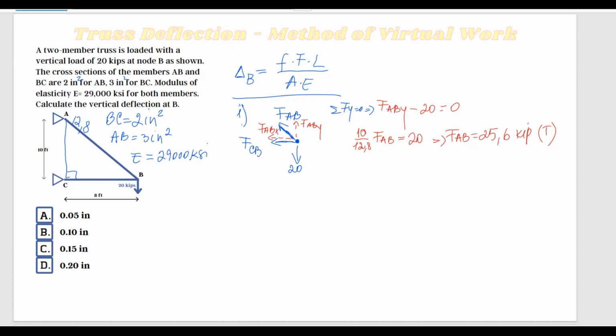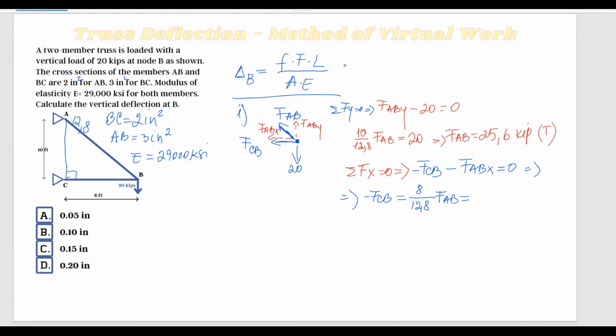Next, we're going to go to sum of forces in the x direction equals 0. And this is going to give you minus FCB minus, now the x component of force AB, FABX equals 0. From here, minus FCB is equal to the x component of force FAB, which is equal to 8 divided by 12.8 times FAB.